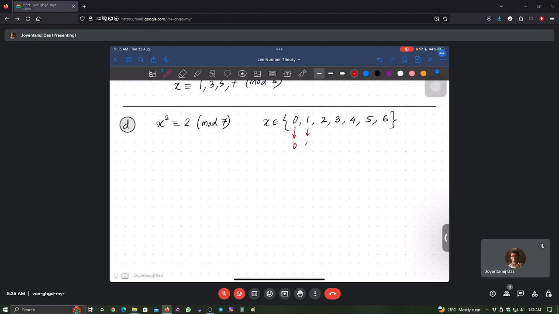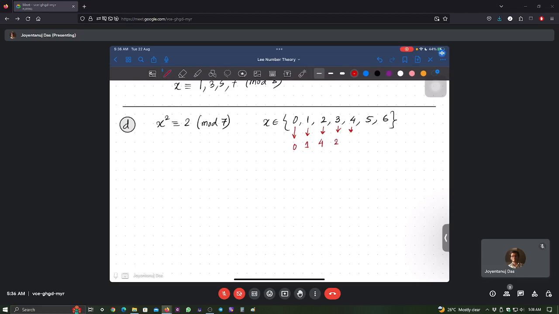Yes. 2 square will be 4, right? Then 3 square is 9, that is 2.